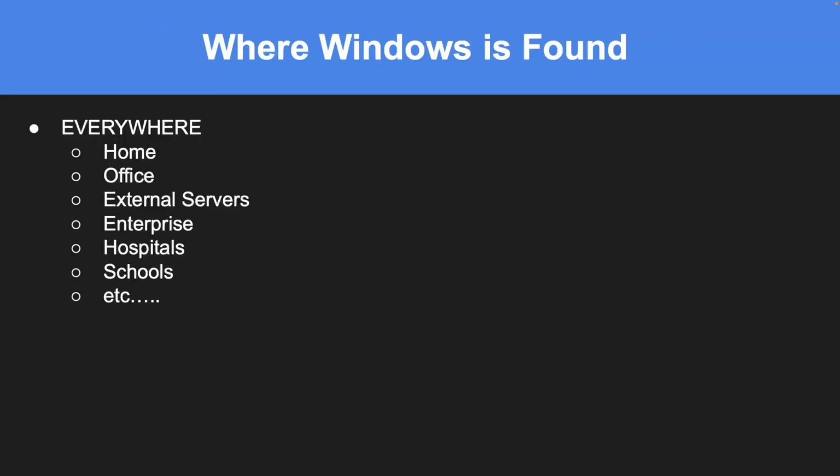Windows is found everywhere. You're probably watching this on a Windows computer right now. If not, then you probably have a Mac or a Linux system. Windows can also be found as the office computer you're using. Maybe you're watching this at an office or at your forensic workstation.